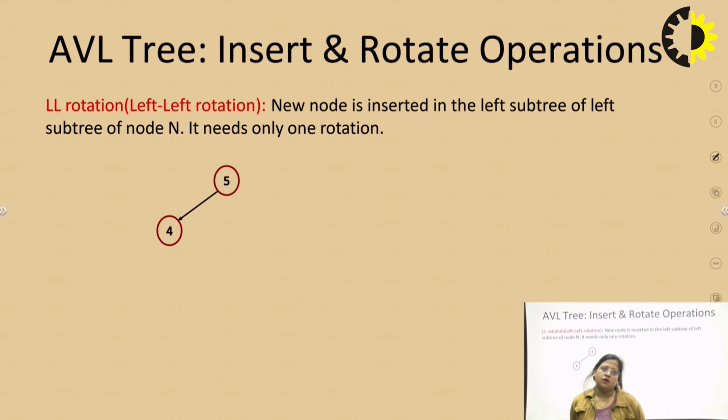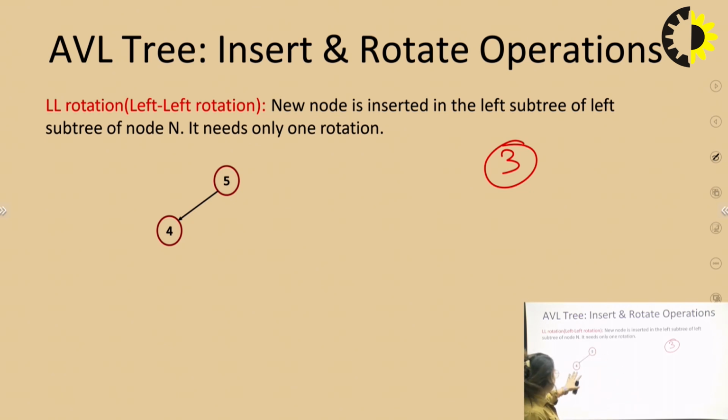So see this rotation by these examples. If you want to insert a new node, 3, here 3 is a new node you want to insert in this BST. It is a BST because it follows the property of BST.